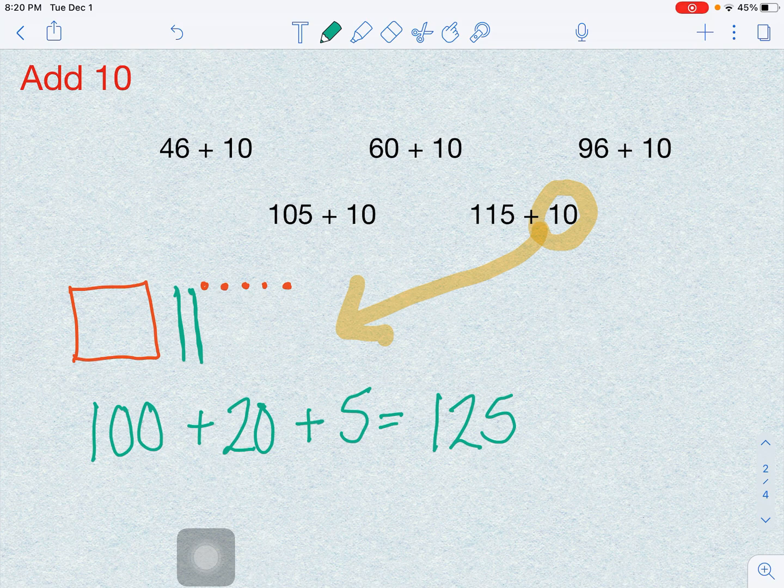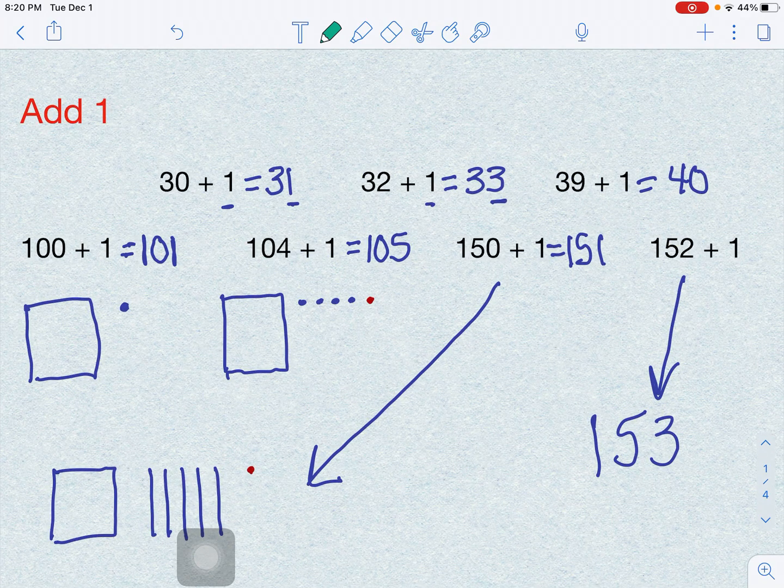So the question I asked earlier, how are these exercises the same as the exercises where you added 1, and how are they different? Well, we increase by 1 of something in both kinds of exercises. When we added by 1, we increased the number in the ones place. That's what we were doing up here.